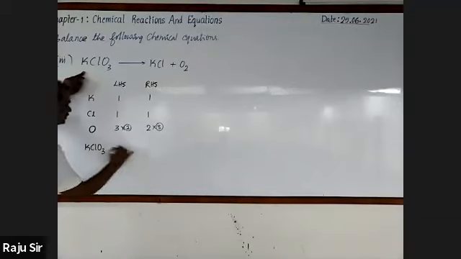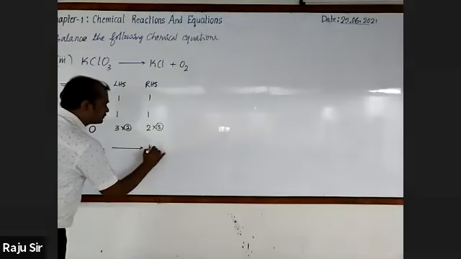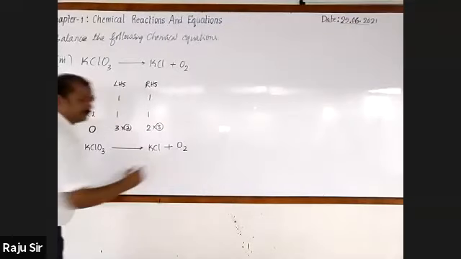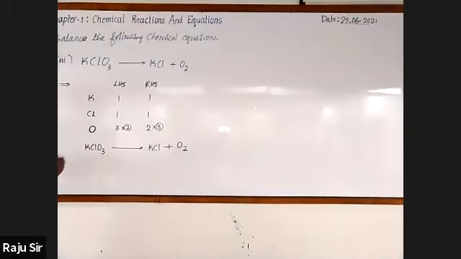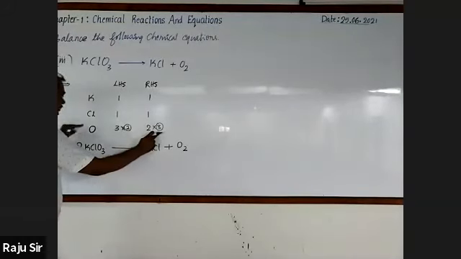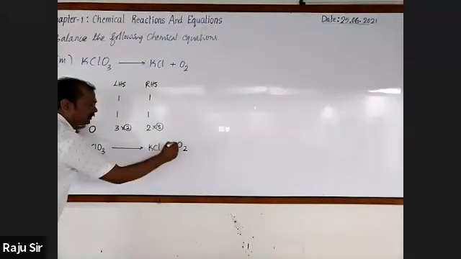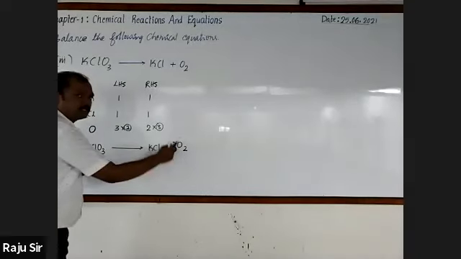KClO3, potassium chlorate, on heating in the presence of a catalyst, splits up into potassium chloride and oxygen. On the left hand side we multiply by 2, and on the right hand side, where the oxygen is, we multiply by 3. Now oxygen is balanced: 2 threes are 6, 3 twos are 6.